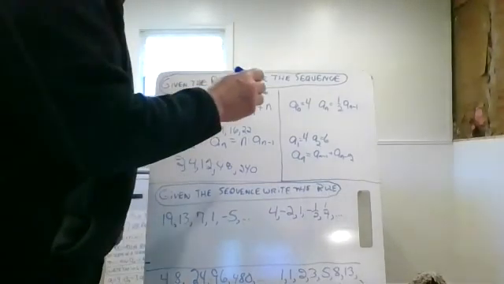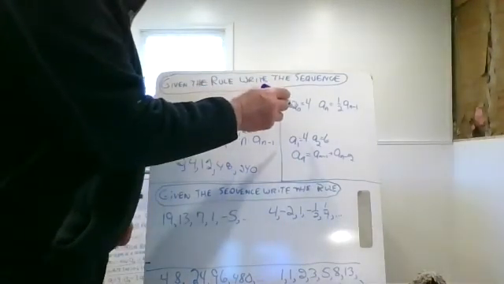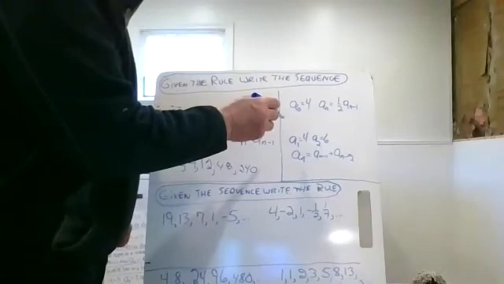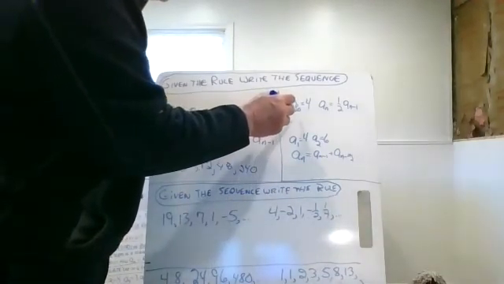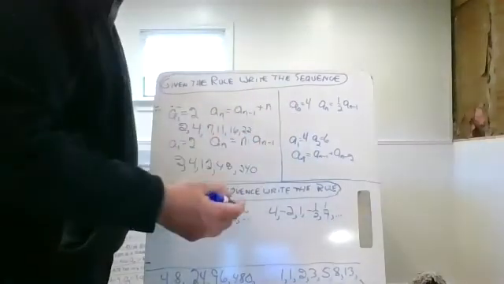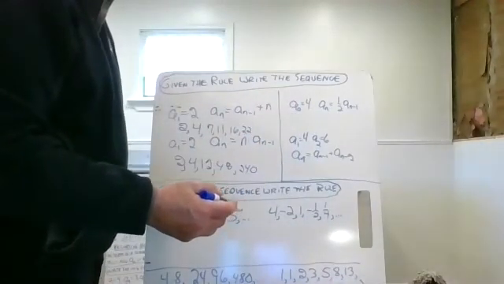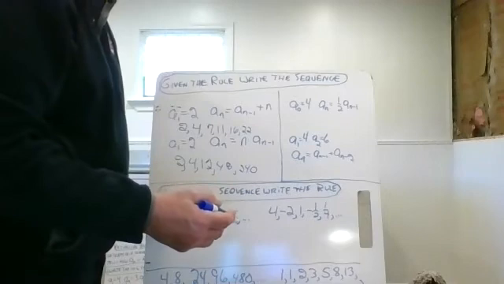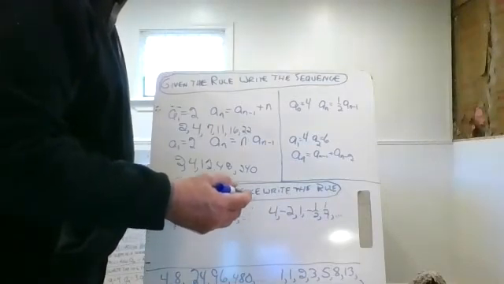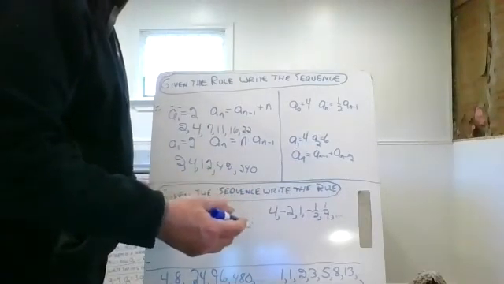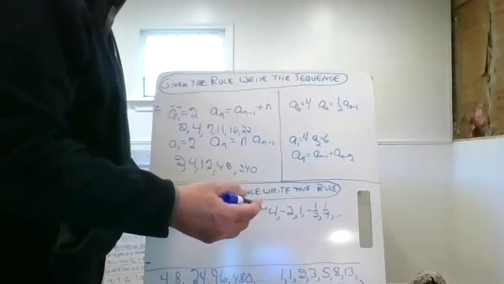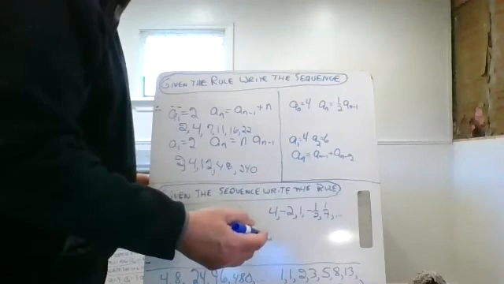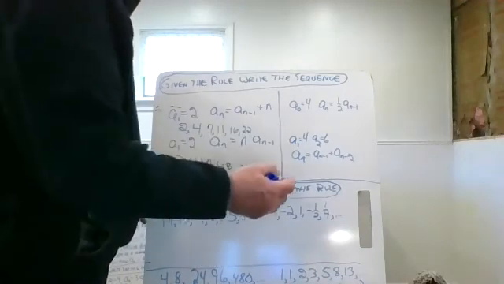Okay, next one. Now, this one, I wish the book wouldn't do this. But there are some problems in the book where they start with a sub 0. Why? I have no idea. Because your first term is a sub 0 now, which means it should be being called a sub 1, but they call it a sub 0.